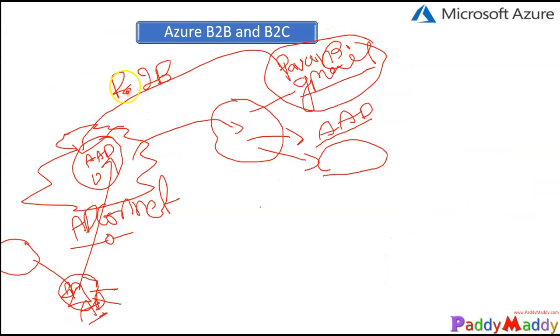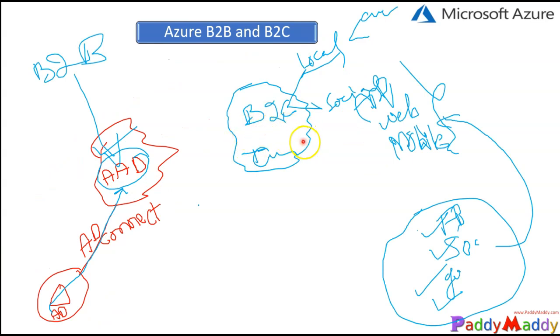Whereas B2B is mostly about your Azure Active Directory, because when you invite any other identity provider, they are going to create their own Microsoft ID, and for that Microsoft ID, whatever the permissions we grant, they can manage the Azure resources also. But with B2C, the users are coming to the B2C, they cannot manage any of the Azure resources. Instead, their scope is completely limited to that specific application.